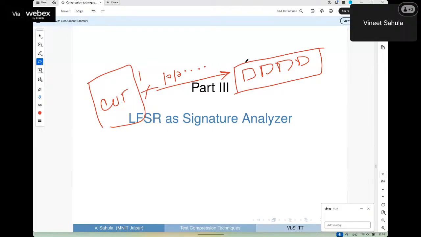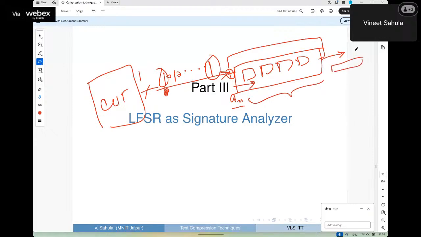I am feeding it to the LFSR with an XOR here. I take the output, with the MSB here and the LSB here. After the LSB is pushed in, I will get some pattern here and something out here. This I call the residue, and this I call the quotient.